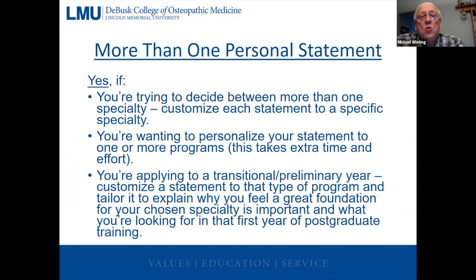But if you're applying to a 1+3 program, then you're going to need to apply to 2 different programs in your 4th year of medical school simultaneously. And you're going to be submitting 2 different complete ERAS applications with some of the same content, but you're absolutely going to need to have a second personal statement.